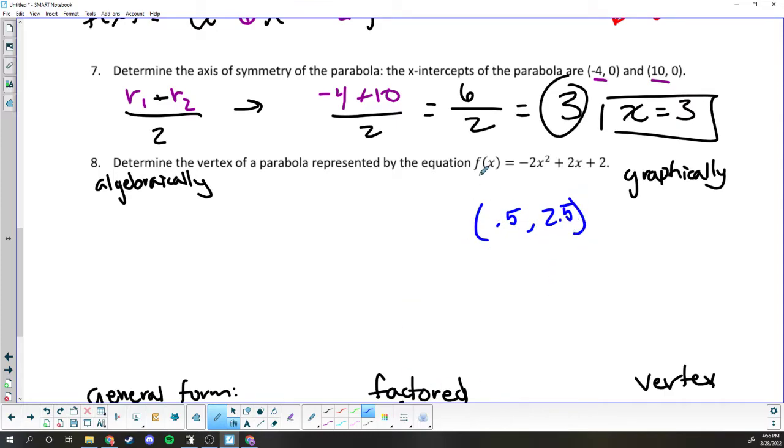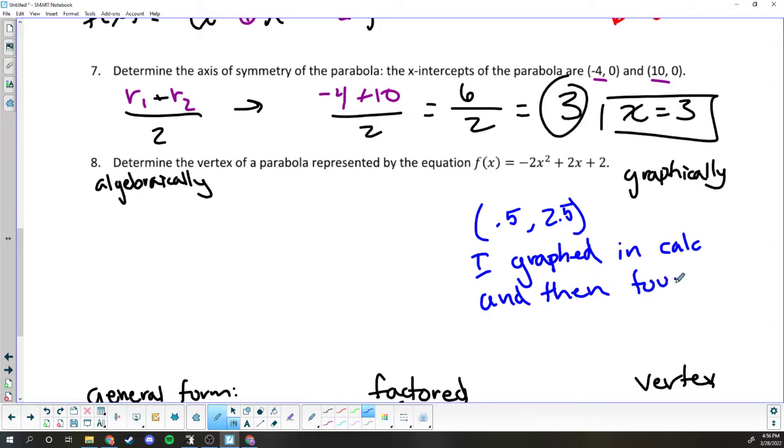If you use a calculator to solve a problem and you're told to show your work, here's how you show your work. You say, I graphed in calc and then found the max. That's showing your work because you told me what you did. You show your thinking.